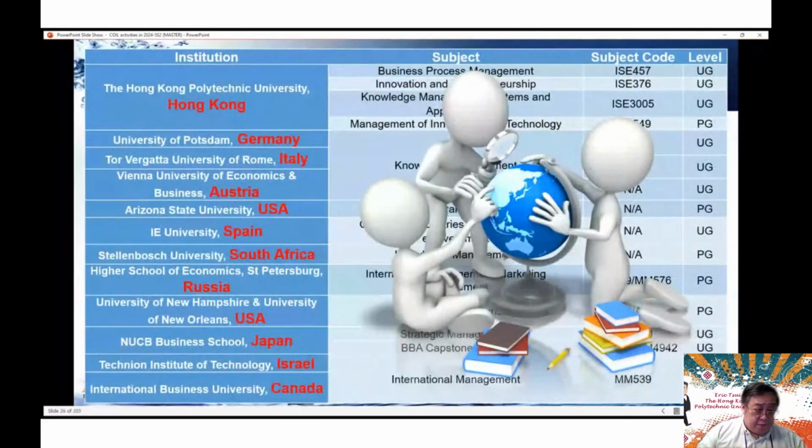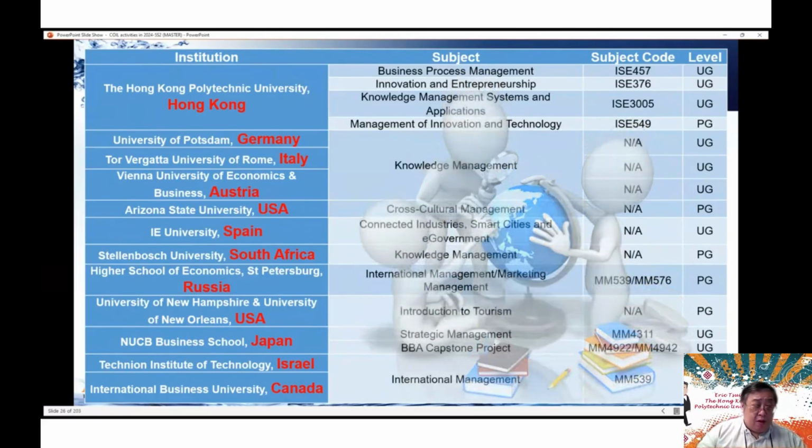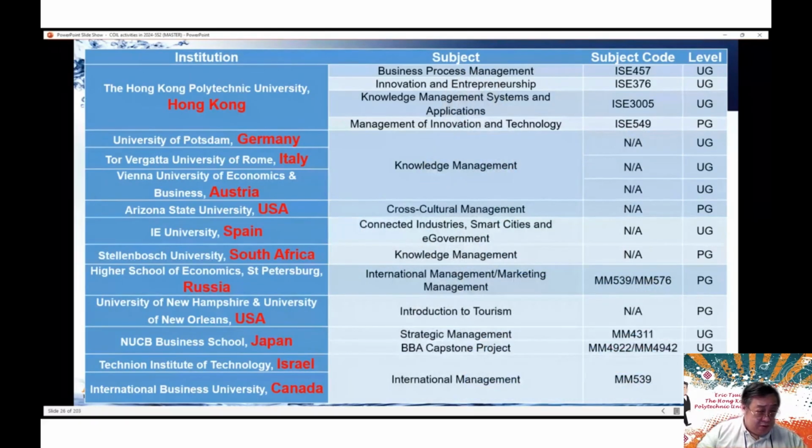So this is a record of what several of my colleagues and I have been collaborating on in the last few years. You don't have to go into the detail, but you can run your eyes over the table. For example, in the first column, you can see that we have managed to conduct COIL activities with many European universities in Germany, Italy, Austria, Spain, and in Russia, in the USA as well, although it's difficult.